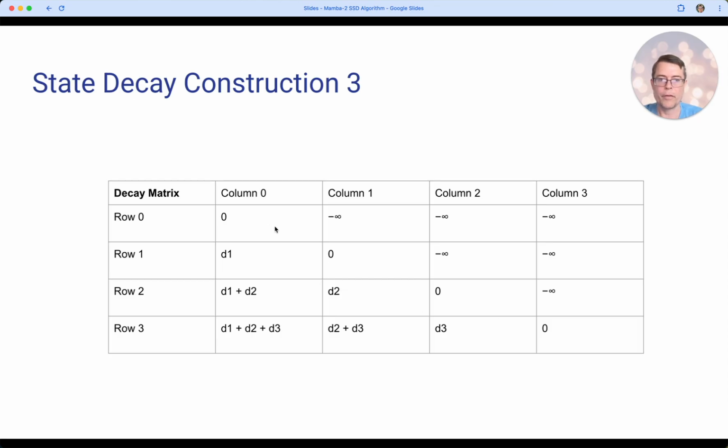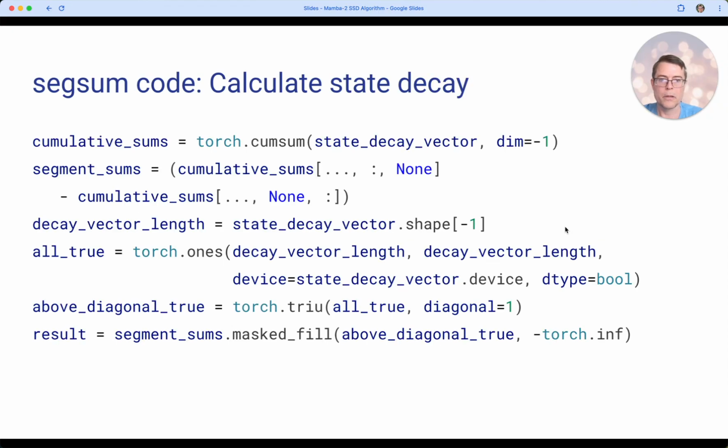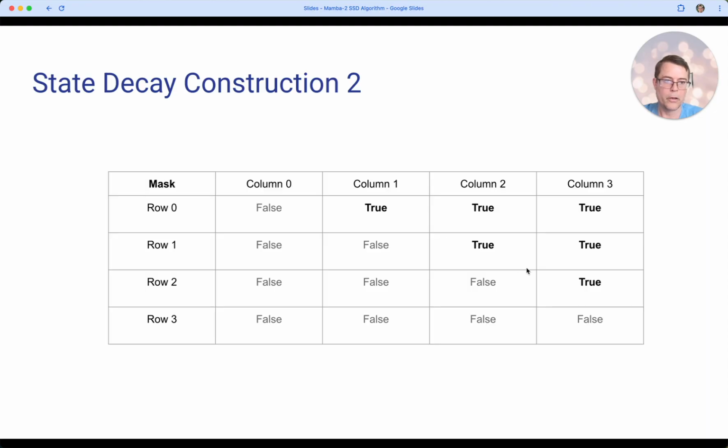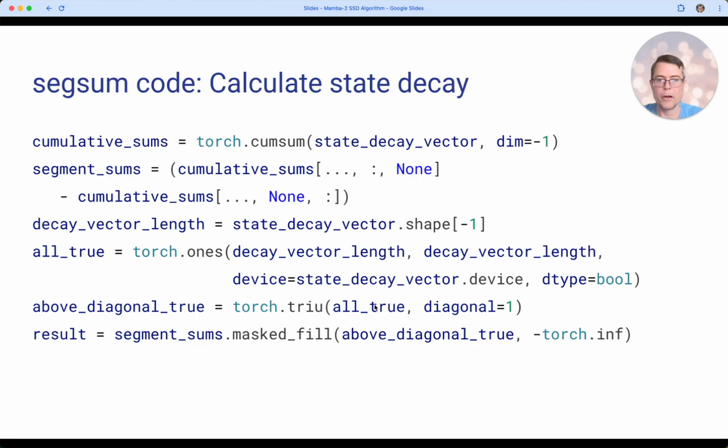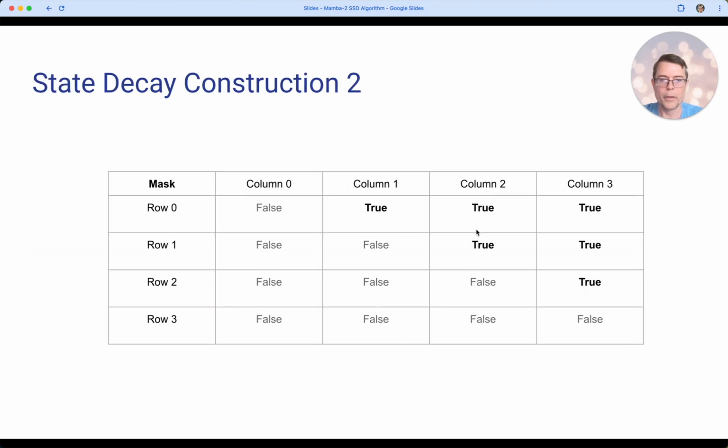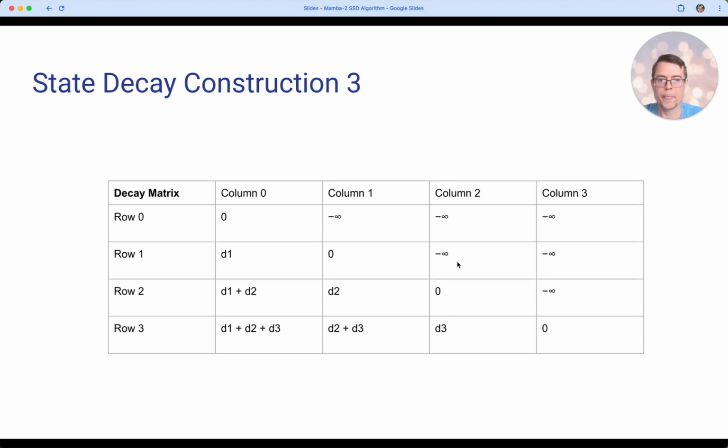If the diagonal was 0, then we'd start here, but with 1 we're going to go 1 in from the diagonal. So it's basically all of this that is true, and then everything else is a 0. It's still Boolean, so those are all false. So at that point, we've got a matrix that looks like this.